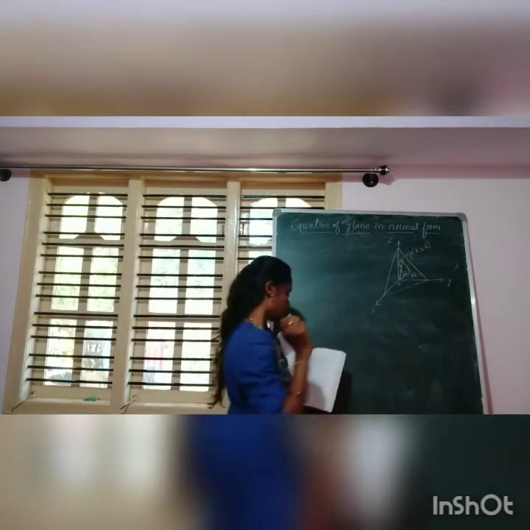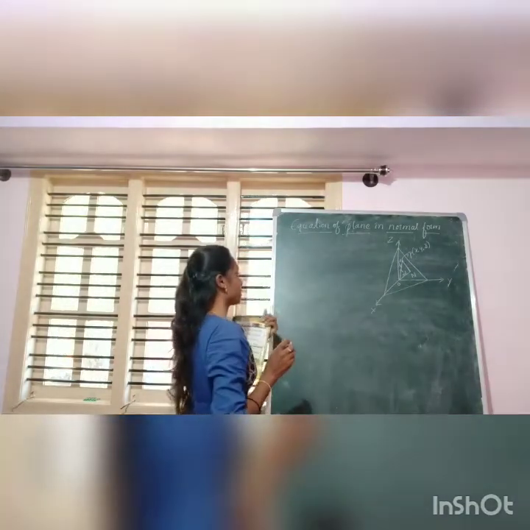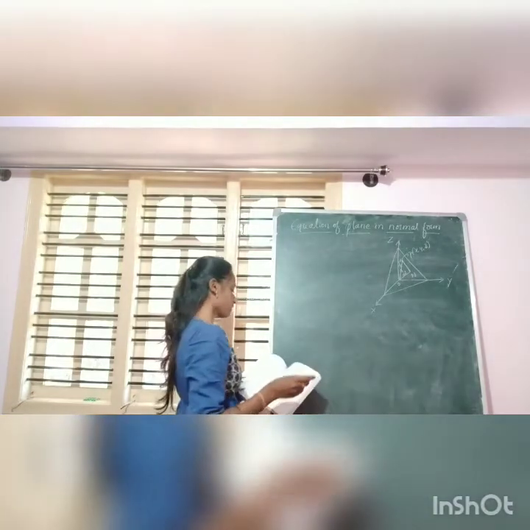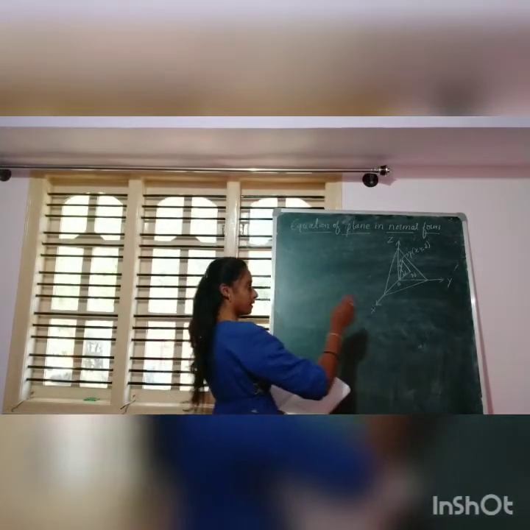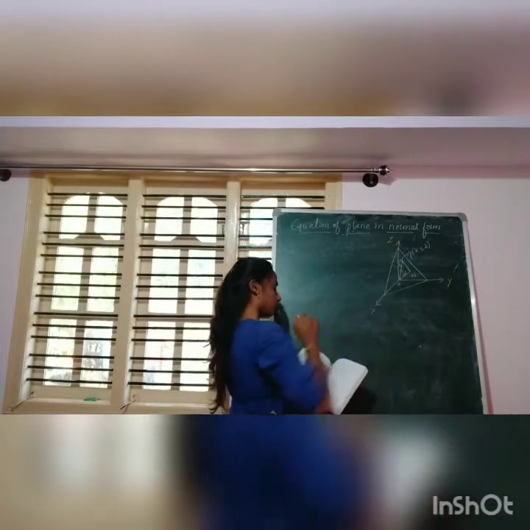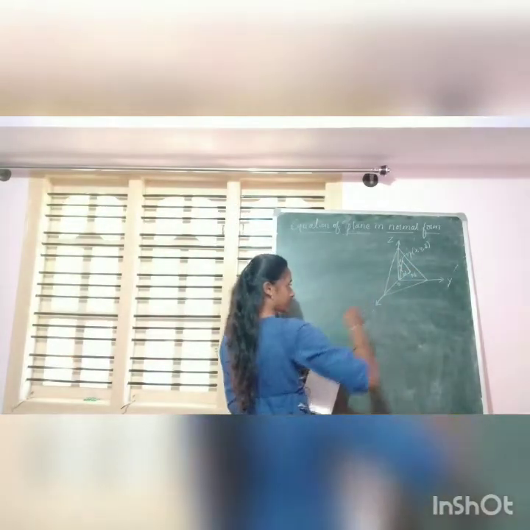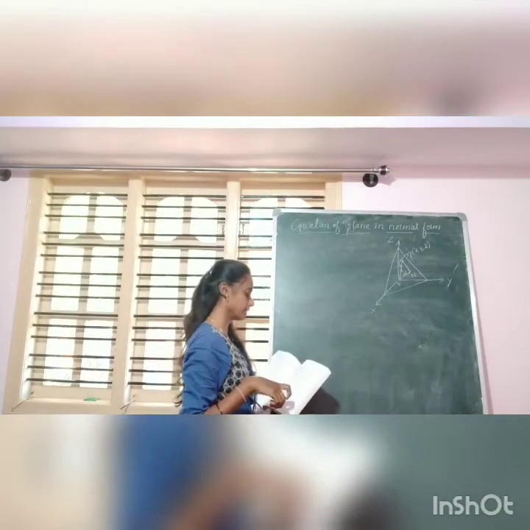Now, with the help of this, we need to derive the equation of a plane in normal form. So I'll explain the figure. Here we can consider the plane, that is this whole thing, whose perpendicular distance from the origin is a small letter d.